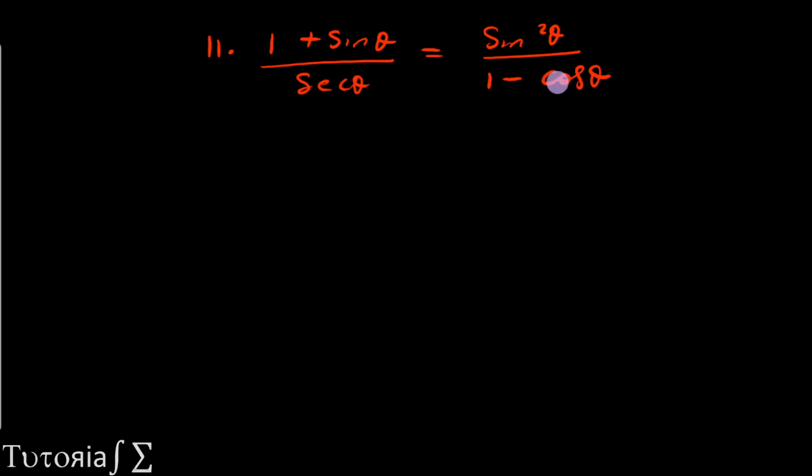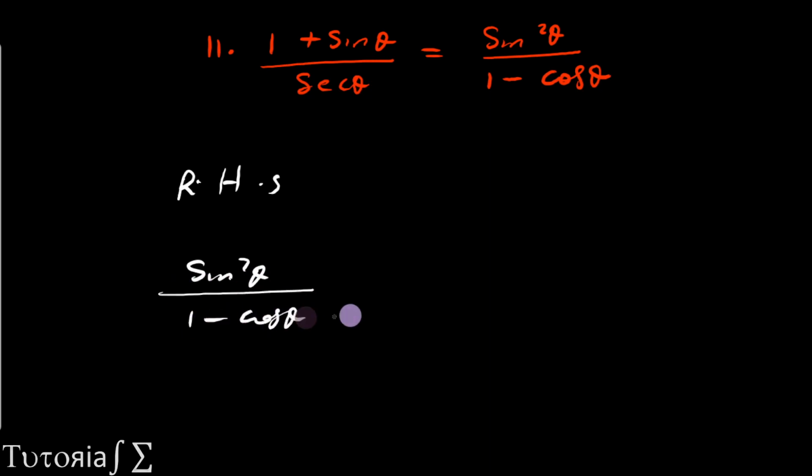All right, so for the next question, we have (1 plus sine theta) over sec theta equals sine squared theta over (1 minus cos theta). So what we'll do here is we'll start with the right-hand side, sine squared theta over 1 minus cos theta.